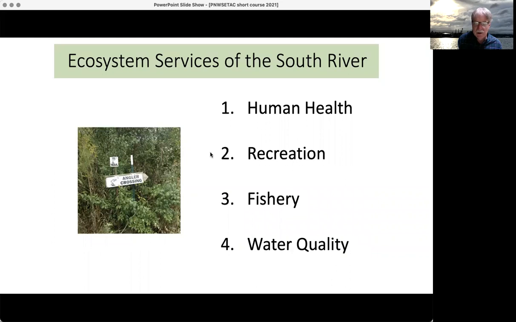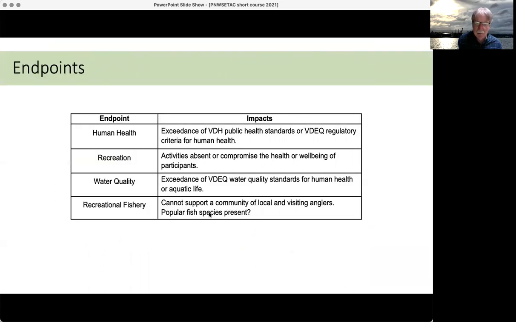The services we're going to look at are human health, recreation, the fishery, and the water quality. Again, here's another picture of the importance of the fishery in this particular area. Our endpoints are going to be human health. So this is the entity, and these are the attributes if you're thinking about classic endpoint definitions. The entities we're looking at are human health, recreation, water quality, and recreational fishery.